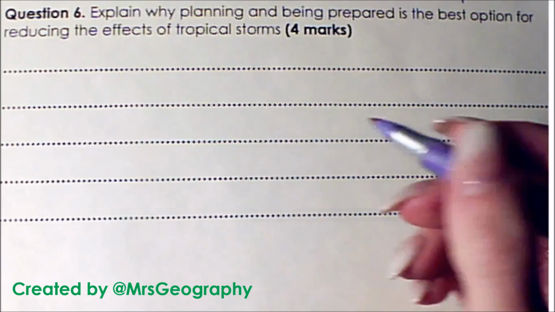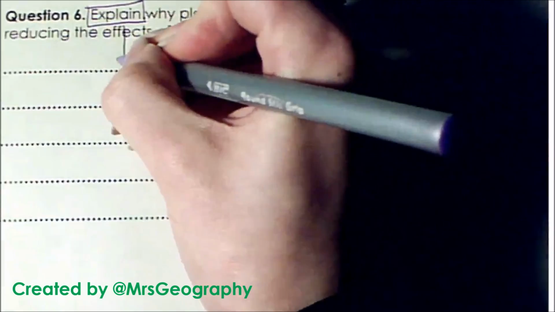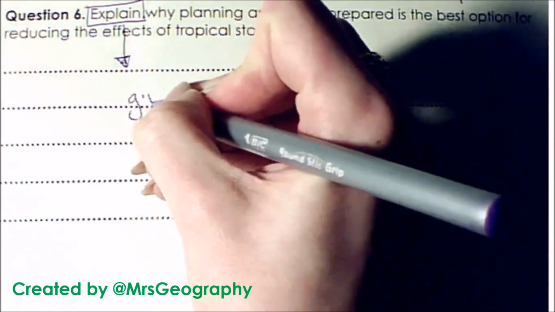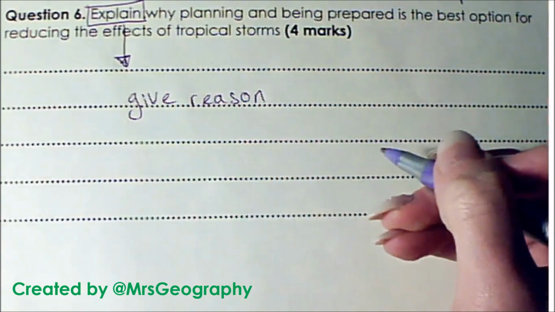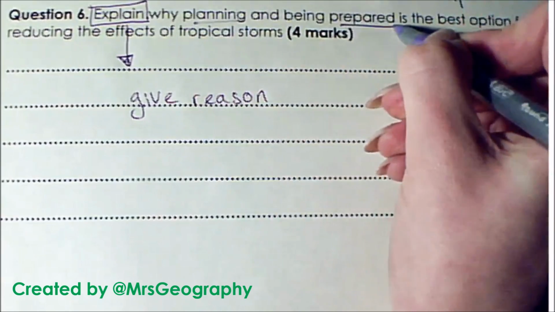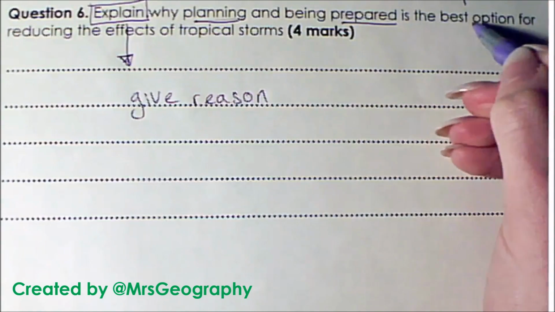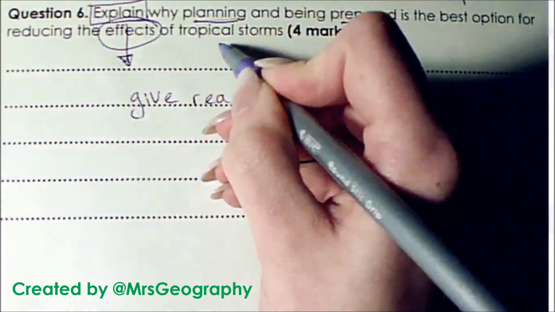Right, so question 6. We've got to explain. Now we know that explain means to give reason. Why planning and being prepared is the best option for reducing the effects of a tropical storm.